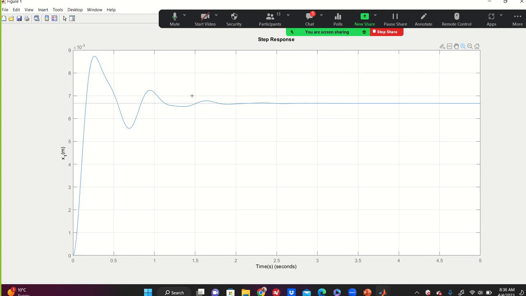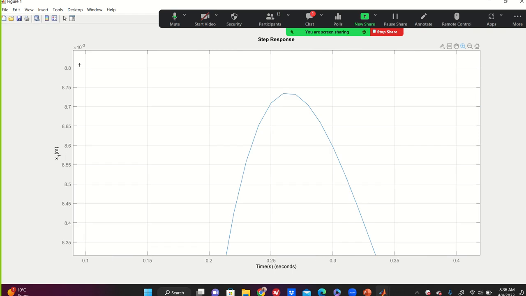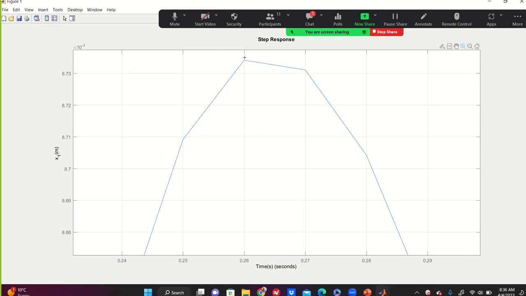What's the overshoot of this system, guys? 6.7, and here is 8.74. So 6.7, 8.73. Yes, and equals to?